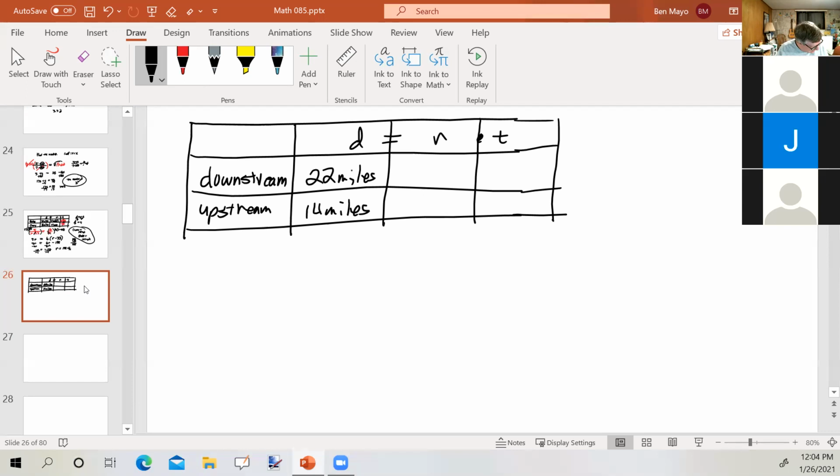Find the speed of the current in the river. All right. We know the distances. Do we know anything about the times? They're the same. Right. It said in the same time.